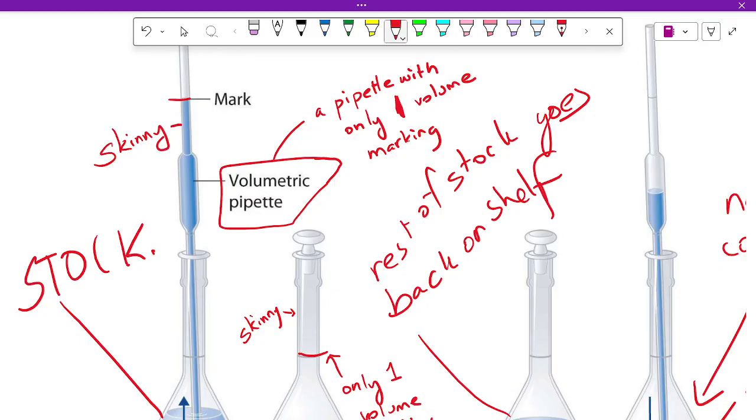It's more precise. If you had a wide neck, if you add one drop, it won't change the height very much. But if you have a skinny neck, one drop will change the height quite a lot. So you'll be able to get your volume much more precise. So if it's skinny, you get a more precise measurement.